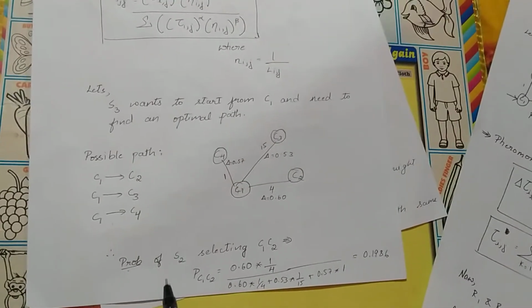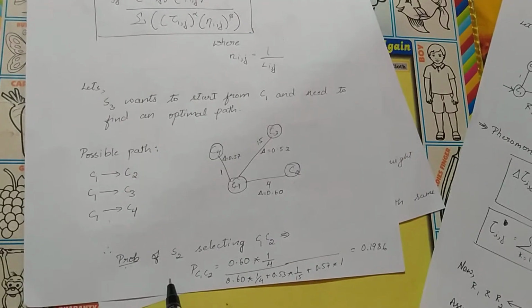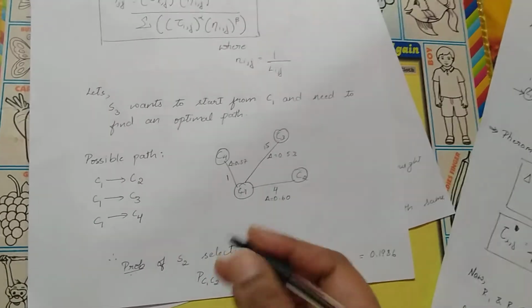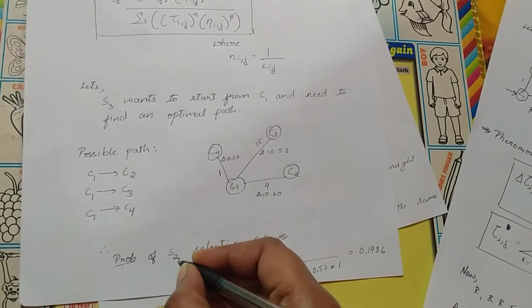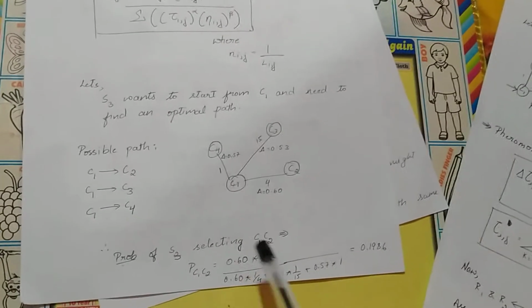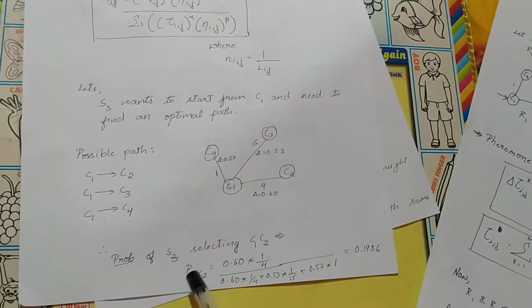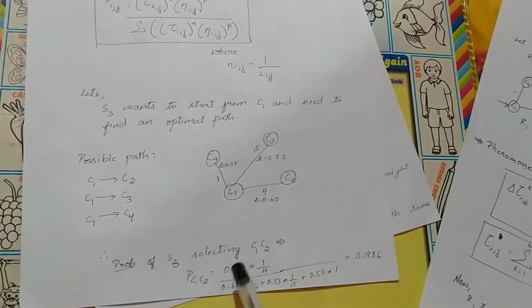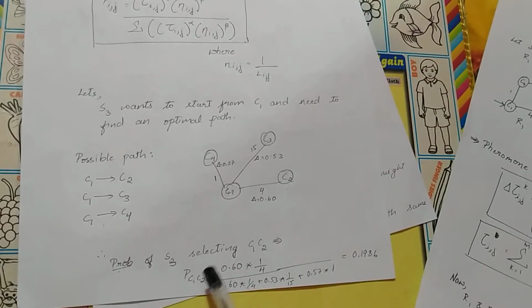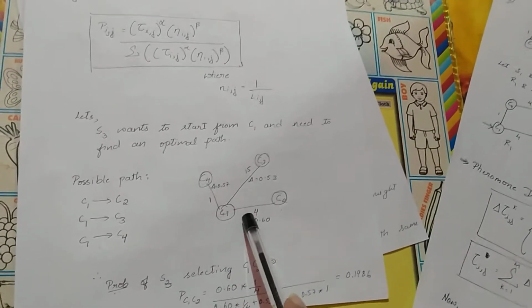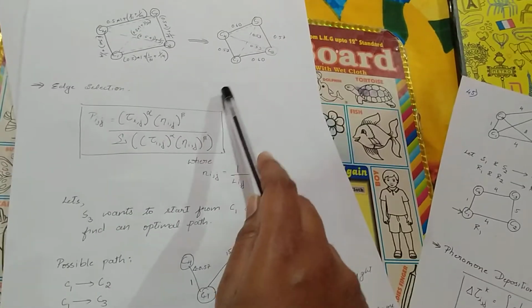So this is a probability calculation for S3, not S2, selecting C2 from C1. The probability of C1 and C2 will be equal to the pheromone deposition between C1 and C2. You can see the pheromone deposition here, from the previous table.